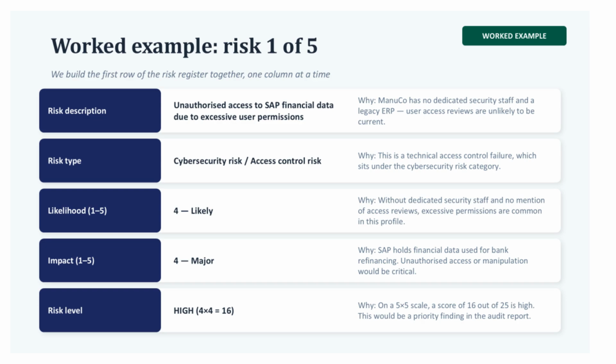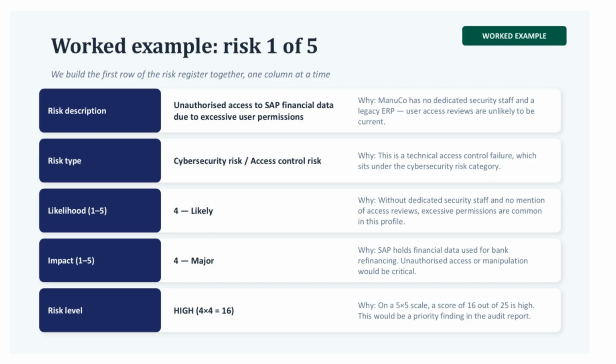Now for the impact, we are saying 4, which is major. Because 5 is critical, business threatening, and the SAP data is important for the refinancing. But this is business financial data, not patient records or payment card data, so the regulatory exposure is significant but not existential.